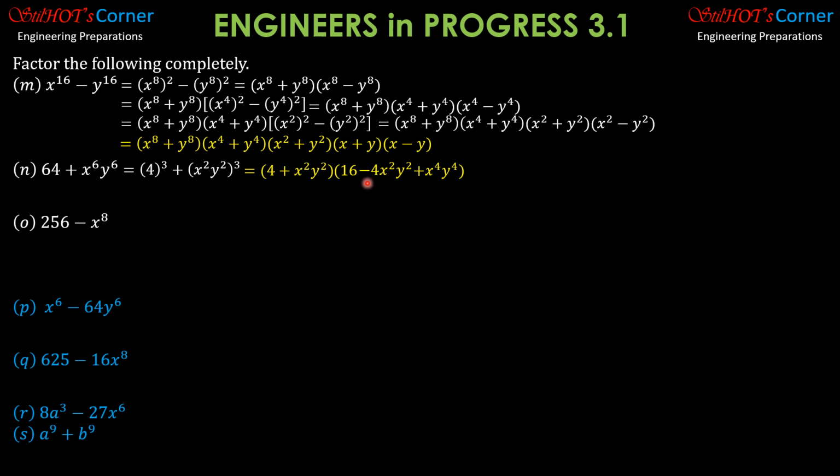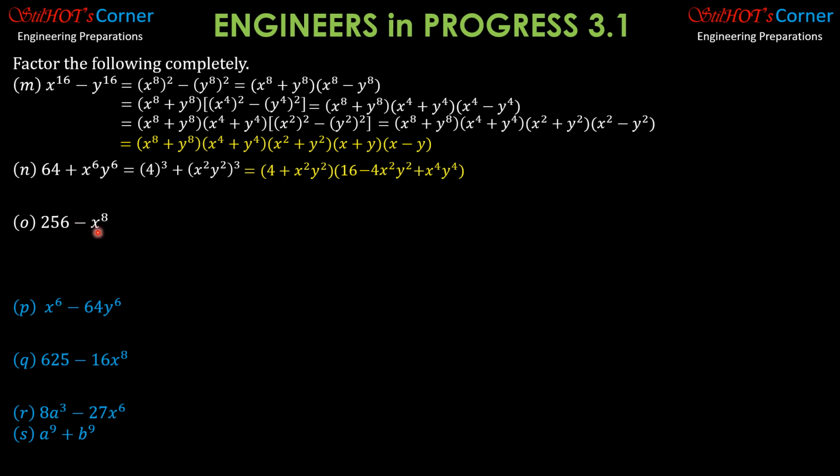So the missing term here is negative 8, but we add 4x squared y squared, a perfect square, but that becomes a sum of two squares. We cannot factor that anymore, so that's why this is the complete factored form of this expression.